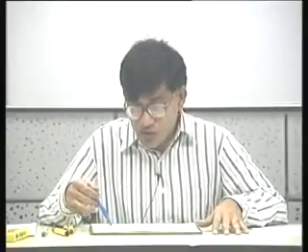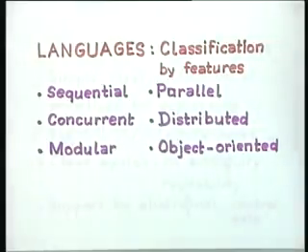Distributed languages are those in which you assume that the different units of a program are going to lie geographically distributed across, let us say, a network, and they have to somehow cooperate to achieve maybe some common task.